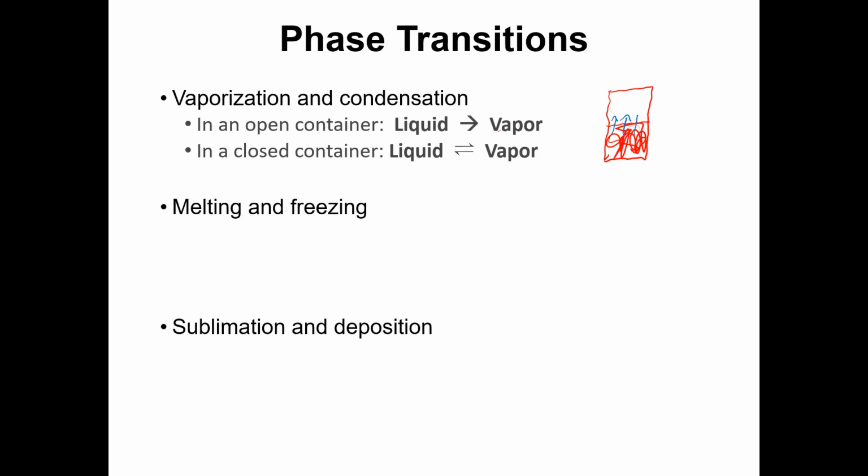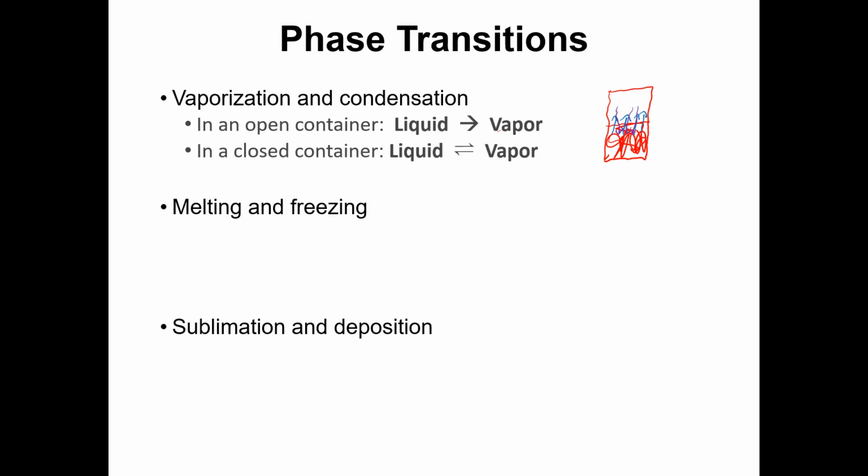But because this is in a closed container, once some of the liquid turns into vapor, this increases the vapor pressure. But we're in a closed container, so we can't handle this increased vapor pressure. So some of those vapor particles are going to condense back down into liquid particles.